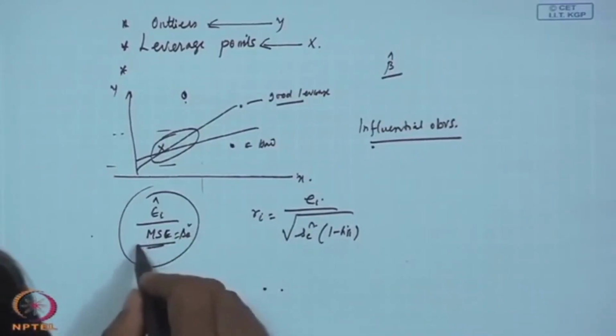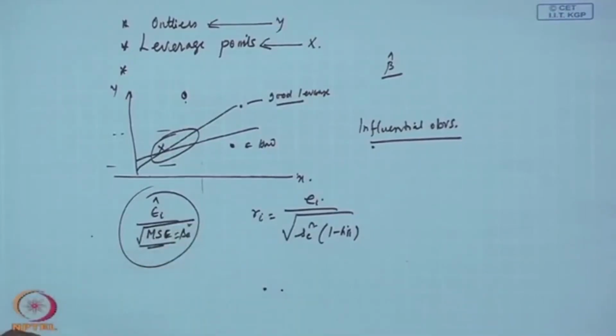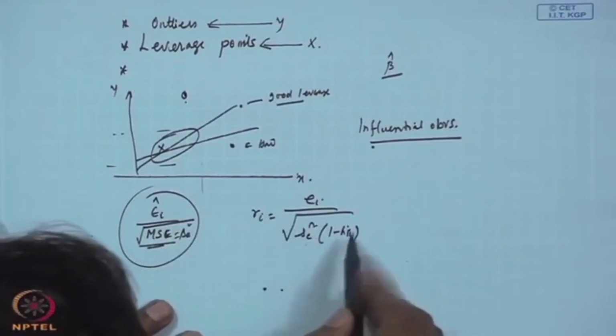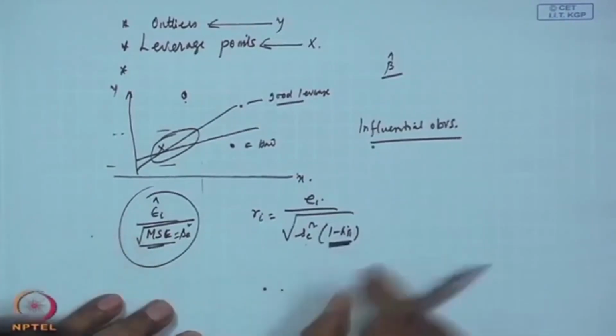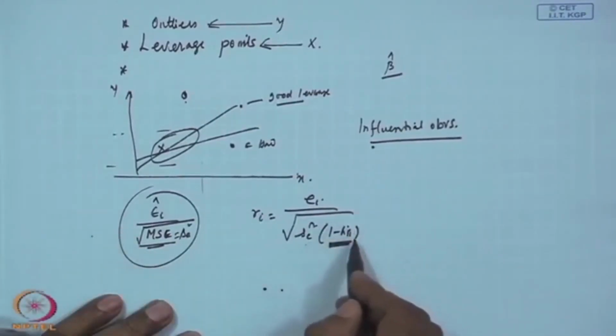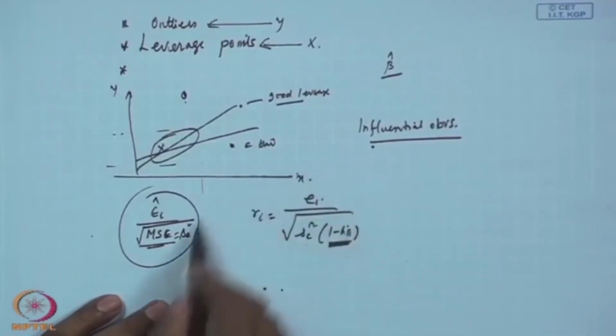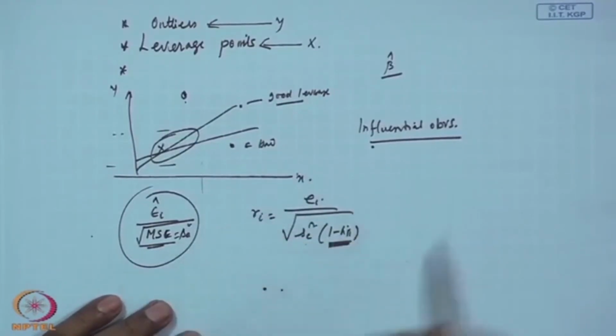So this is the leverage point, these values are subtracted from 1 and this is your studentized residuals. These values should not be large.